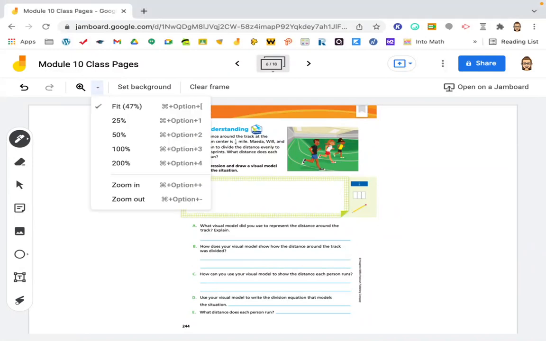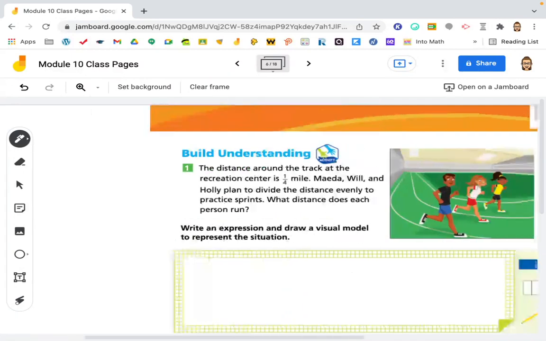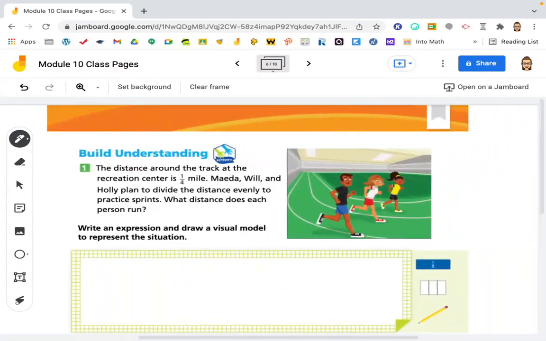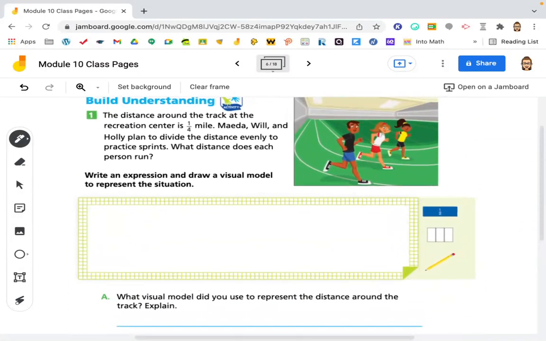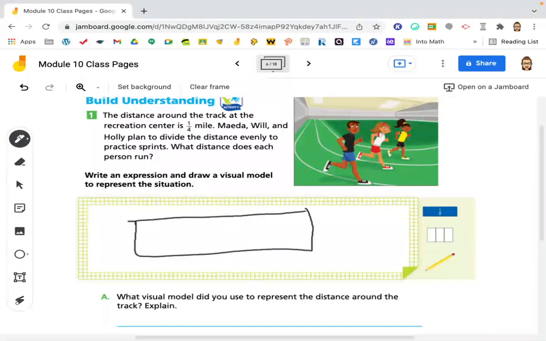So it says the distance around the track at the recreation center is 1/4 mile. Medea, Will, and Holly plan to divide the distance evenly to practice sprints. What distance does each person run? So you have the whole, and it is cut into fourths because we're dealing with just the 1/4.